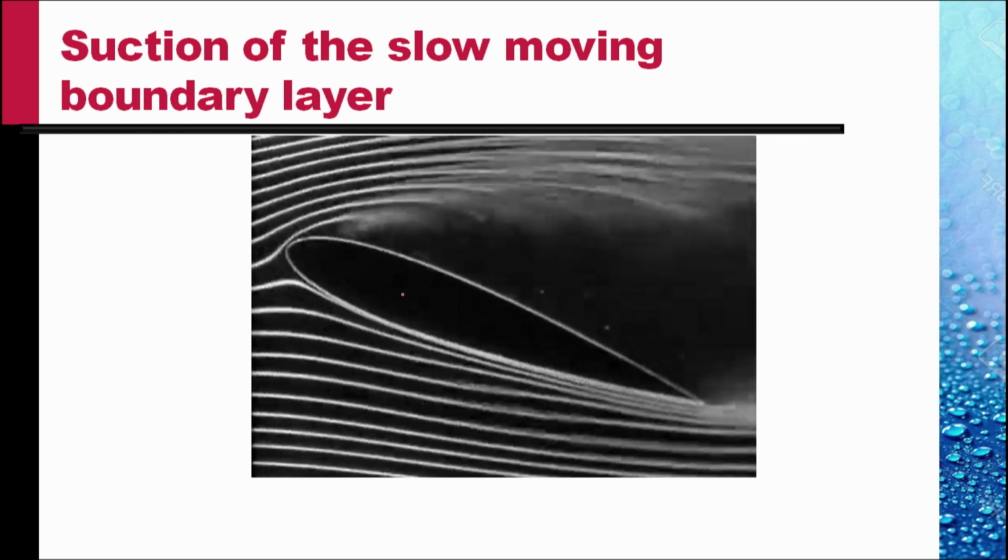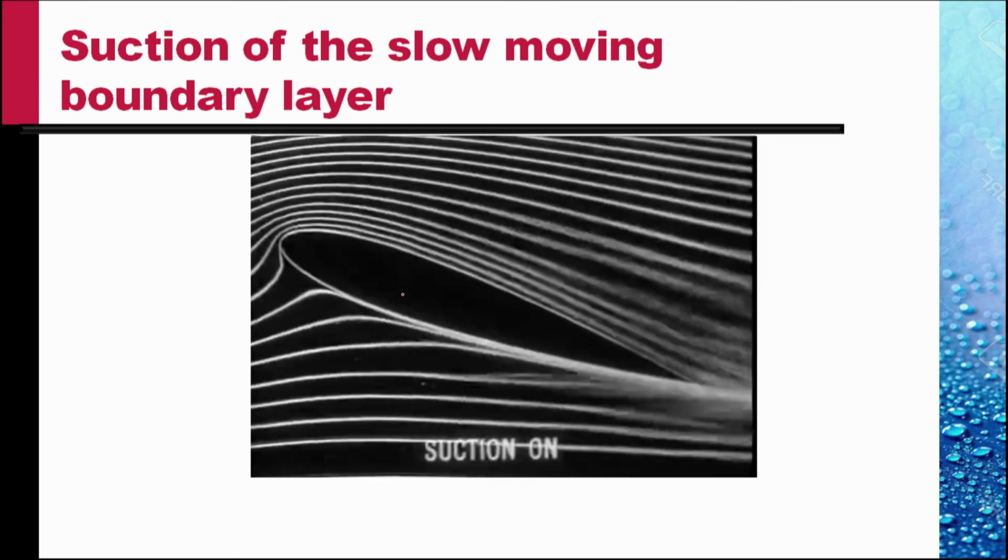Here we have an aerofoil which is stalled. Now we applied suction through the upper surface at various points, and as we turn on the suction, the flow becomes attached on the upper surface as well, reducing the drag drastically and increasing the lift.